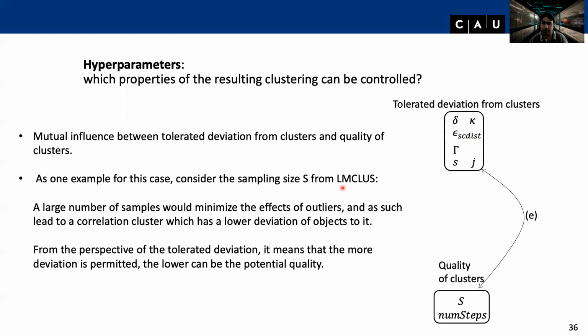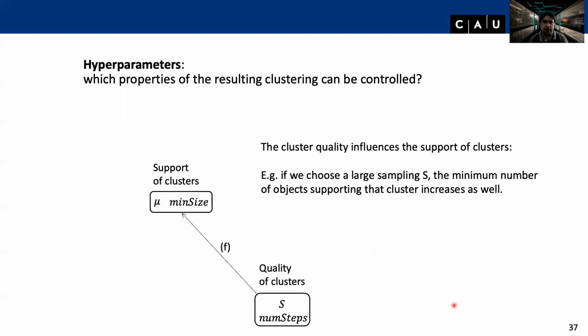But on the other hand, if you say, I actually allow more deviation, it's okay that the objects are not perfectly around a line, I do not care if the subspace is a bit rotated or translated, then it will have an impact on the quality, and you can say, I do not need that many samples.